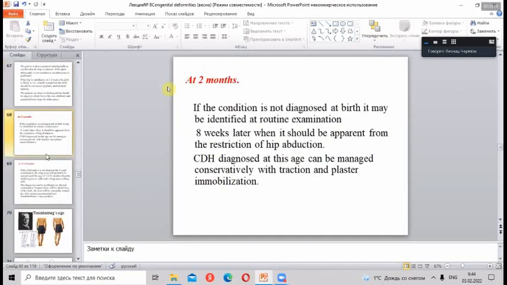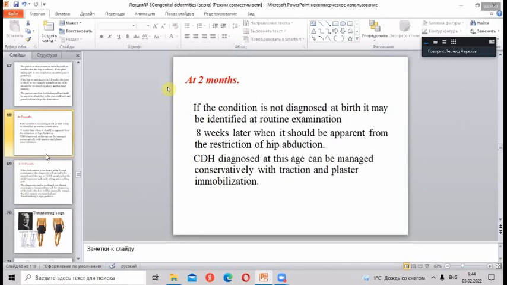At 2 months, if the condition isn't diagnosed as before, it may be identified on routine examination 8 weeks later, when it should be apparent from the restriction of hip abduction.